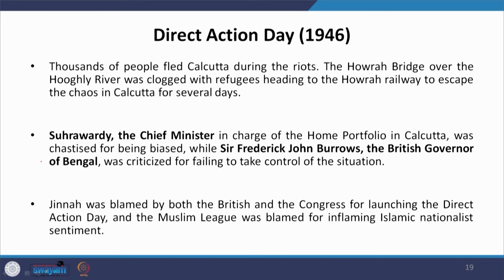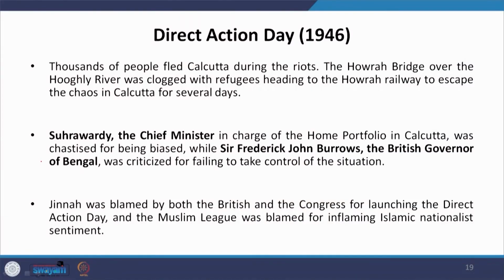So, H.S. Sohrawardy, the chief minister at that time and in charge of the home portfolio in Calcutta, was chastised for being biased, whereas Sir Frederick John Burrows, the British governor of Bengal, was criticized for failing to take control of the situation. Jinnah was blamed by both the British and the Congress for launching the Direct Action Day, and the Muslim League was blamed for inflaming Islamic nationalist sentiment.